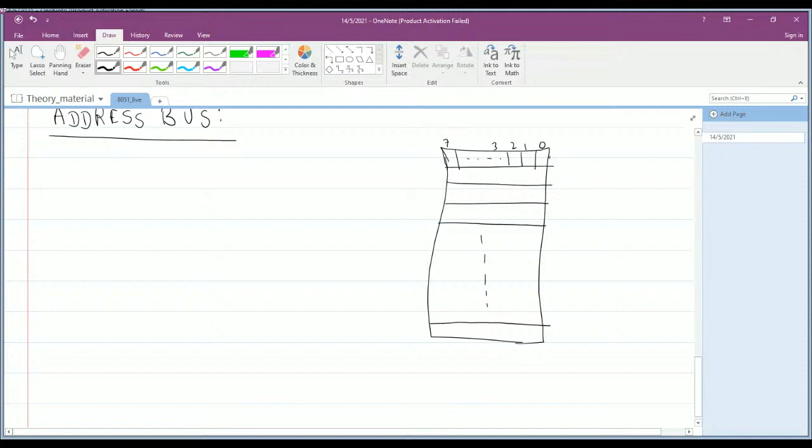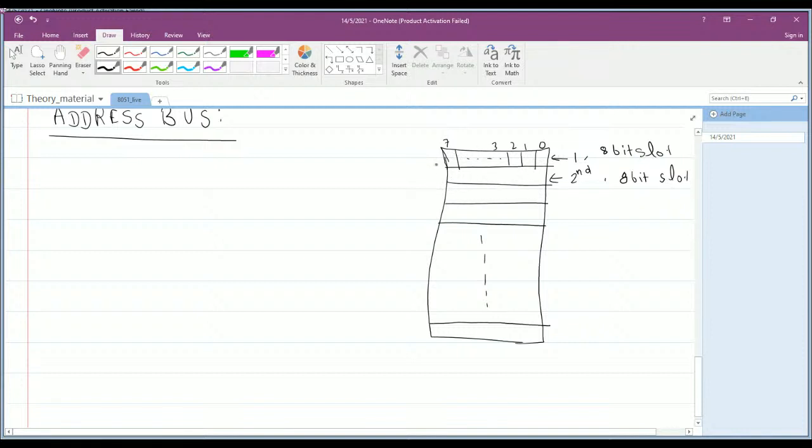Now there are two things. Each location is one 8-bit slot, this is the second 8 bits. Within this memory at this location we can store 8 bits, and at the second location we can again store 8 bits, and so on.